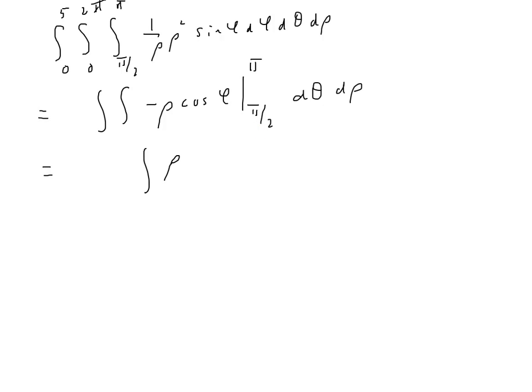Then we integrate with respect to theta from 0 to 2 pi, and then with respect to rho from 0 to 5. Integrating with respect to theta, we get rho theta from 0 to 2 pi.